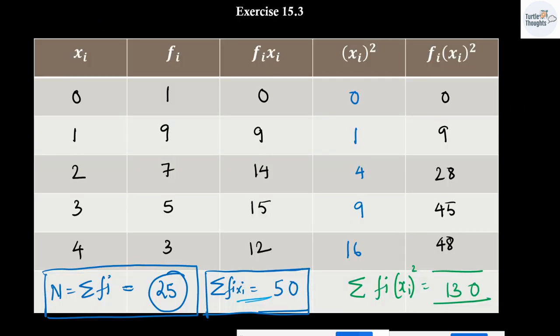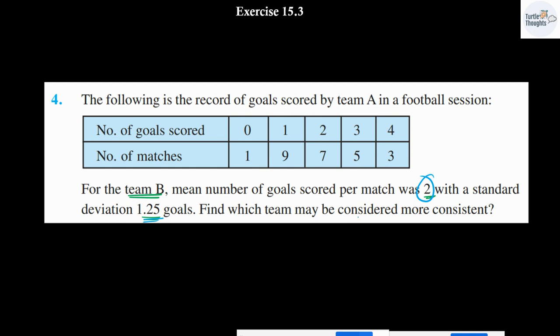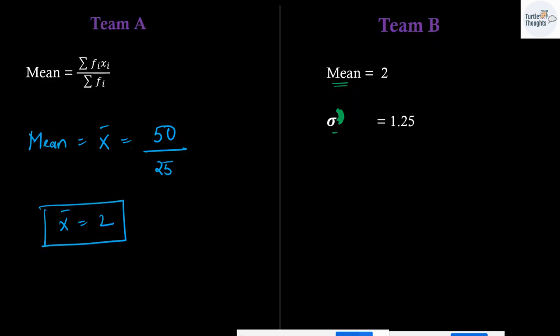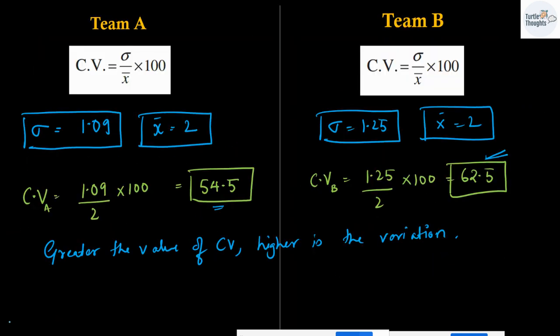But the question asks which team may be considered more consistent. Now I can finally write my answer as: since B is most variable, team A is most consistent.